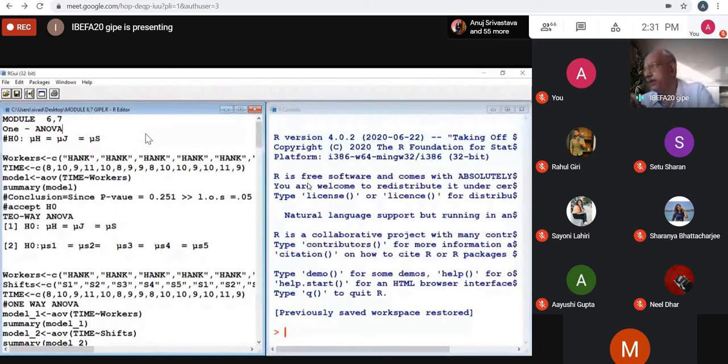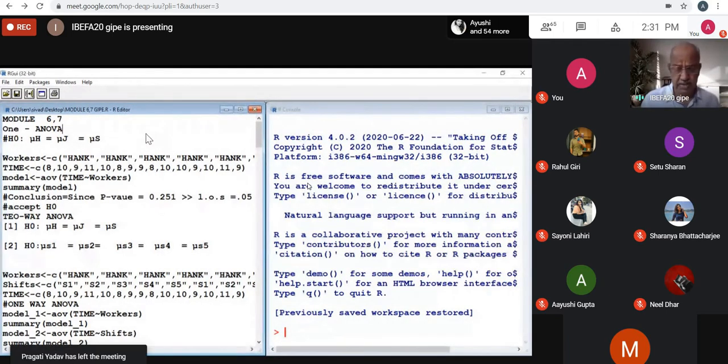Test the hypothesis that all the three are equally likely with respect to average number of units assembled. ANOVA.